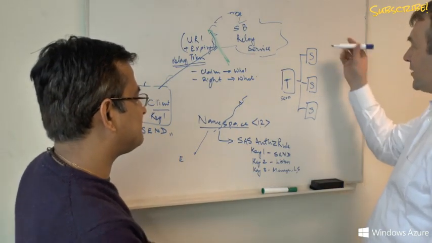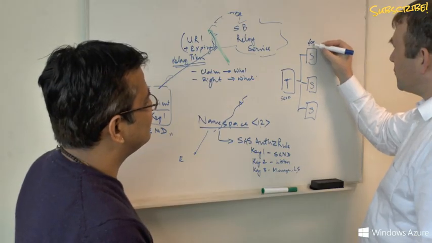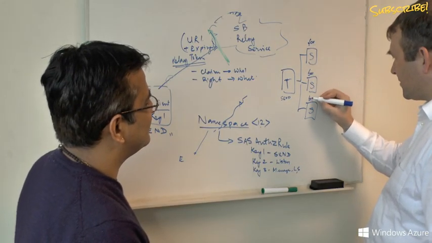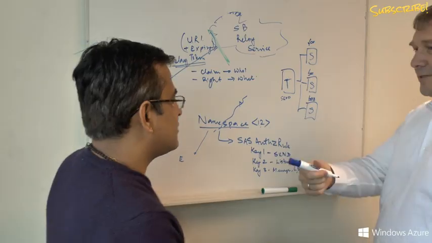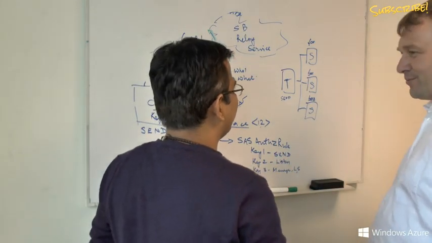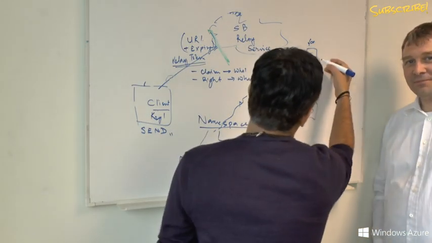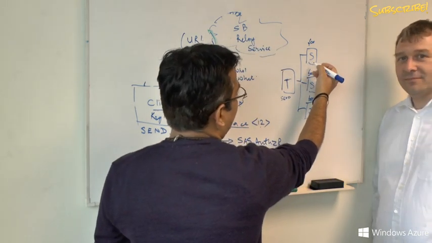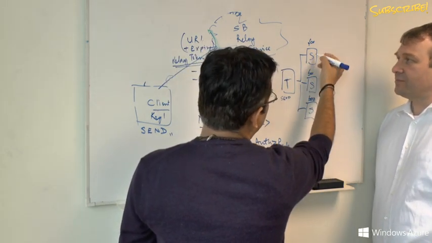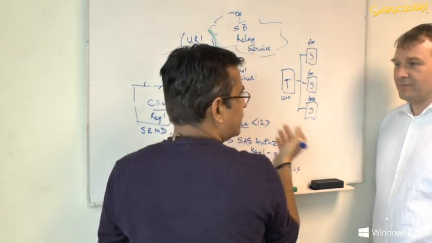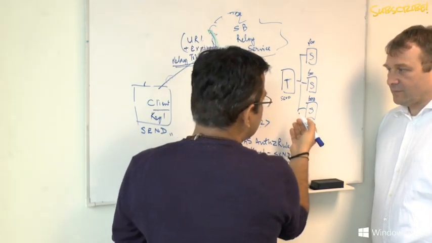So now I have subscriptions, and they're called Foo, Bar, and Baz. So what do I do? This is where it gets slightly more interesting, which is that you cannot actually secure subscriptions per se using the SAS key.